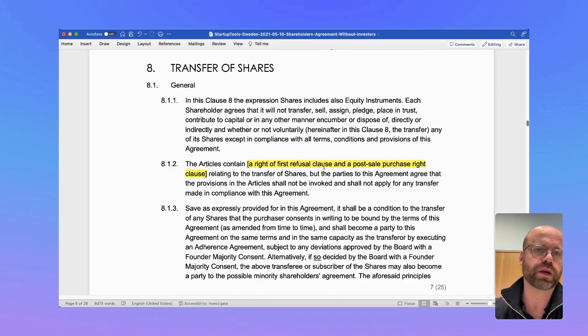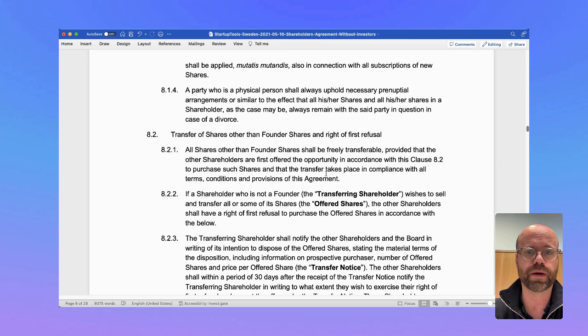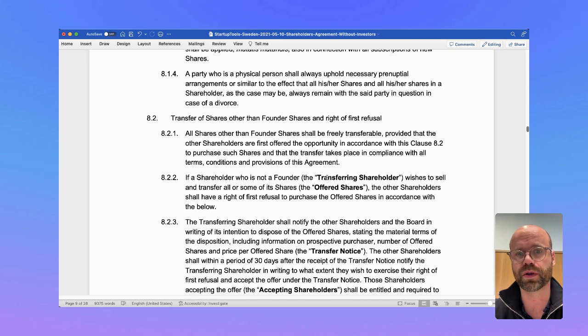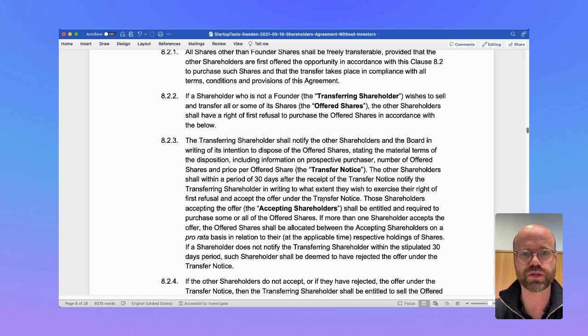Then we come to an important section, transfer of shares. And these might look different in different companies, but some important common terms here are things like right of first refusal. There are different versions of these clauses, but basically what they're all about is to prevent anyone from just selling their shares to, for instance, a competitor.